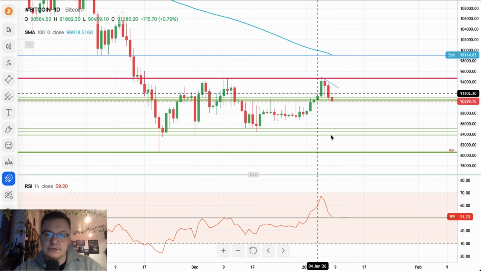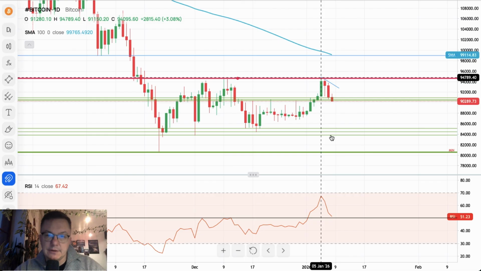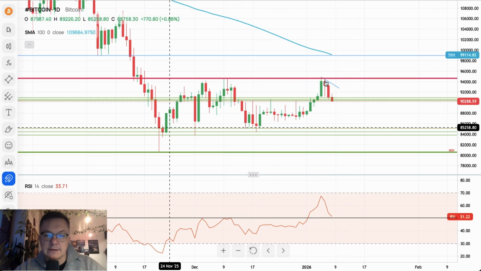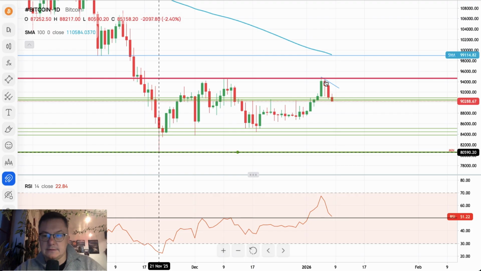If they tried so many times and the upside didn't work, bears will take charge of the market and push it lower. I guess that even 80,500 might be the next level of interest for the bears.